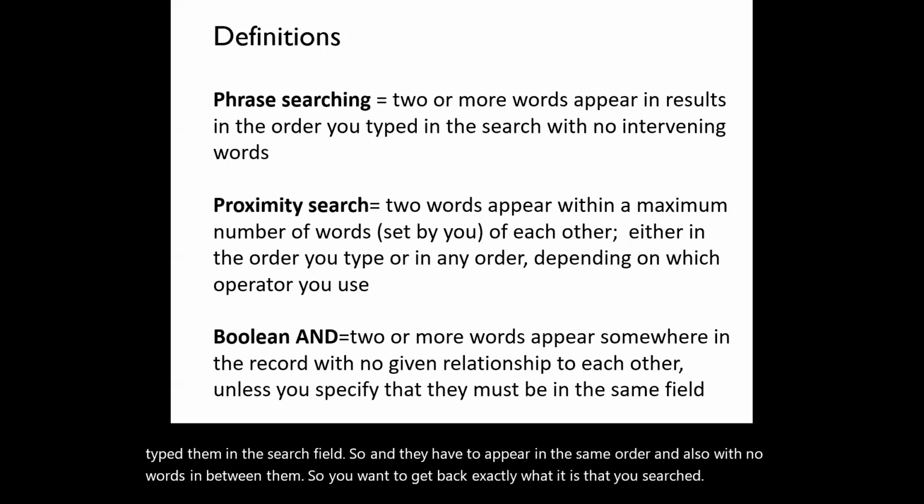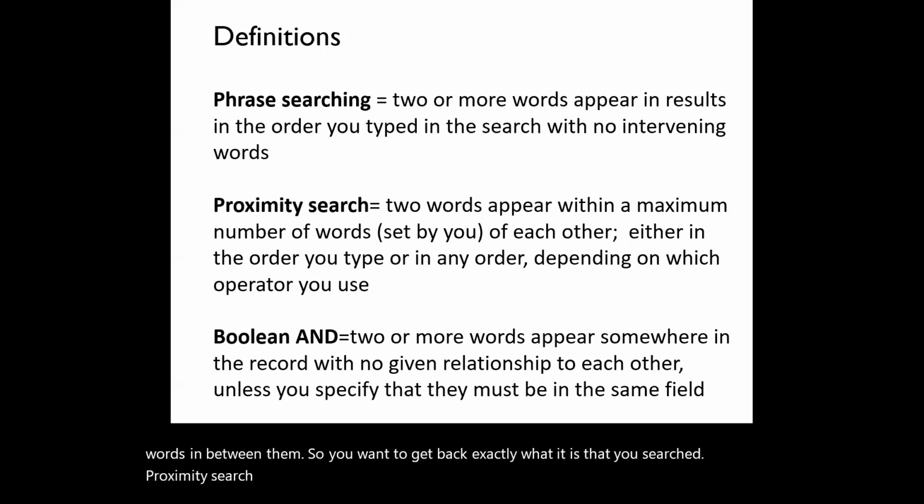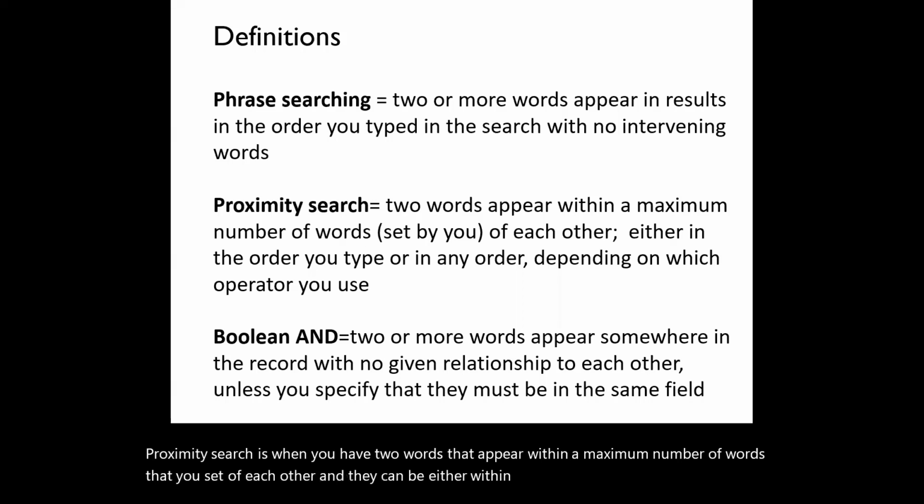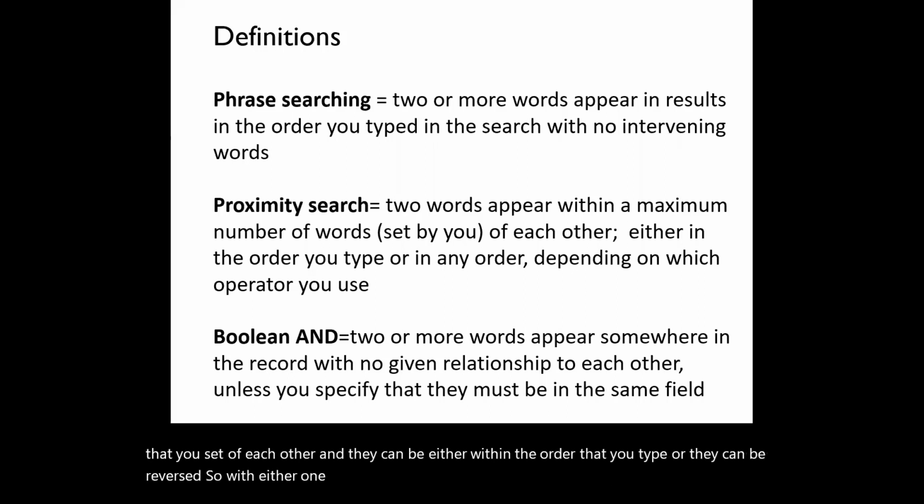Proximity search is when you have two words that appear within a maximum number of words that you set of each other. And they can be either within the order that you type, or they can be reversed. So with either one of them in front of the other, and which order they appear in will depend on which operator you use.